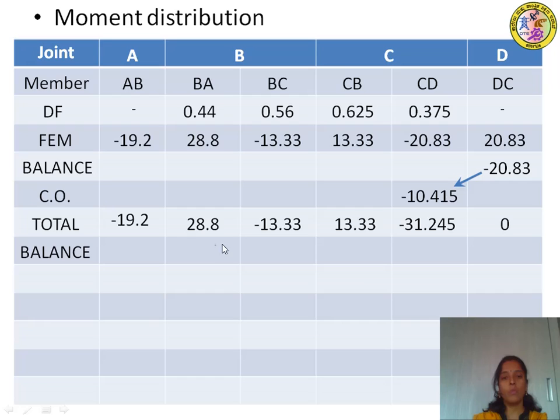That moment has to be distributed among the members meeting at joint B according to the distribution factors. So minus 15.47 into 0.44 will be equal to minus 6.807. Next, minus 15.47 into 0.56 will be equal to minus 8.663. So that is the balancing of joint B.